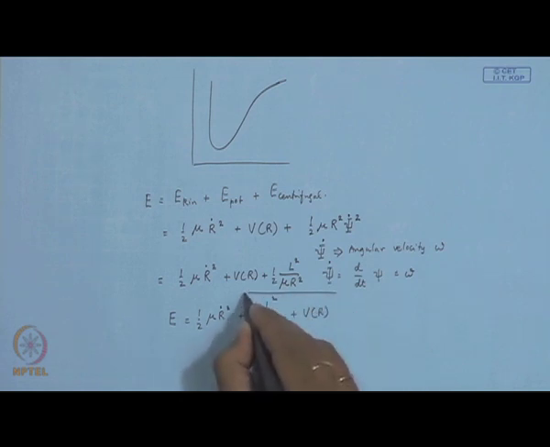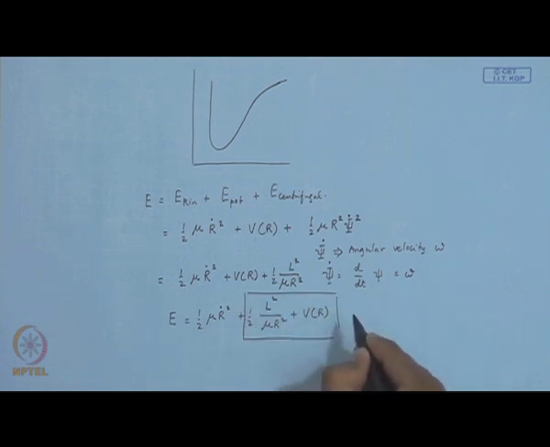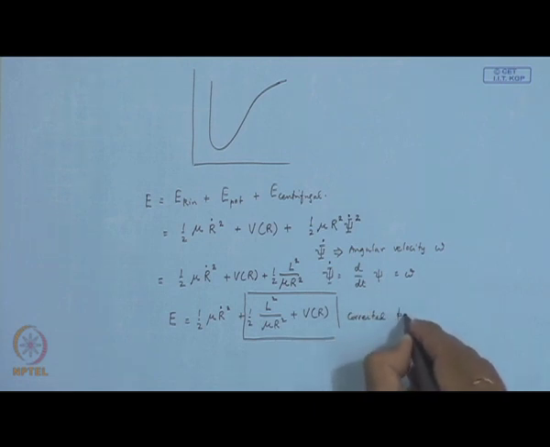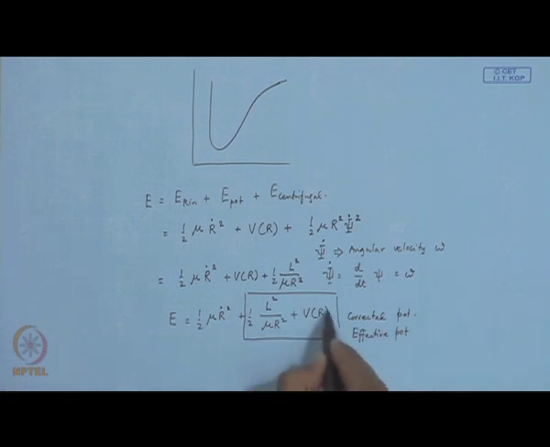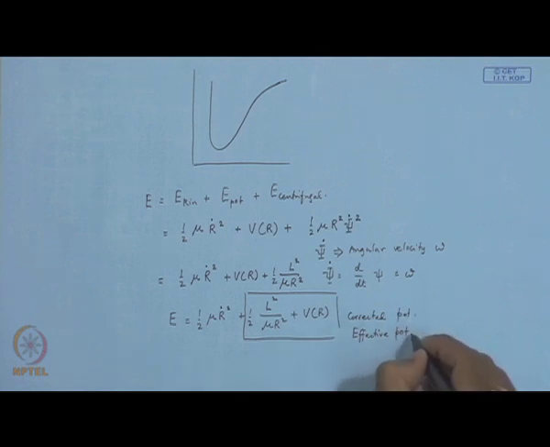This part is the corrected potential, or the effective potential. It is the normal potential plus the contribution from the centrifugal force, so it is called the centrifugally corrected effective potential.